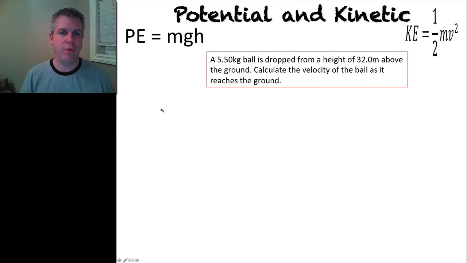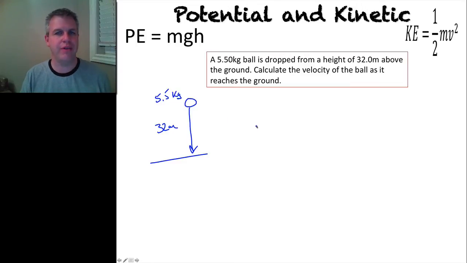So what we need to do is draw a picture of the situation and then fill in any given information that we have. I know that I have a ball that's up above the ground, that it is 32 meters above the ground, and that the ball is 5.5 kilograms. Other than that, I don't know anything else. Now it's asking me to solve for velocity.